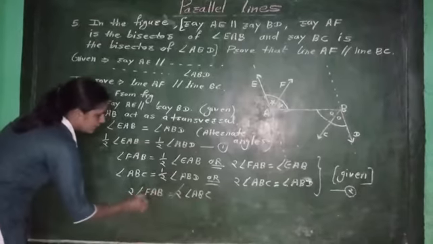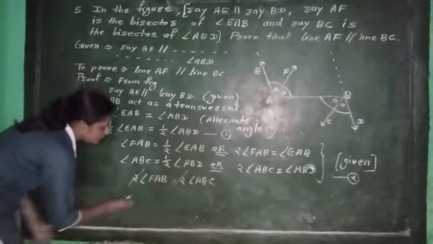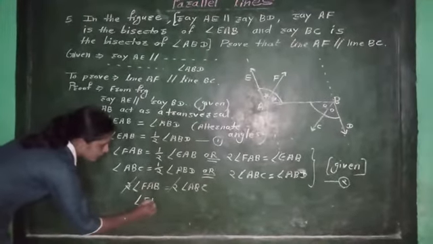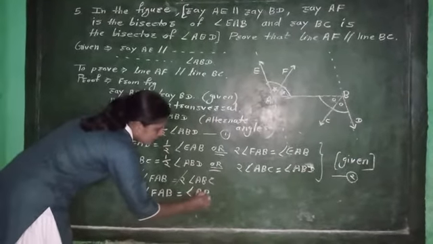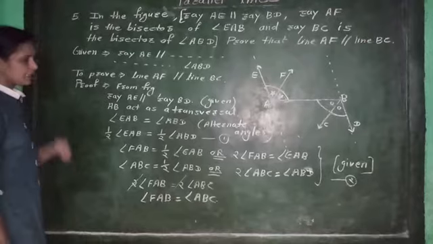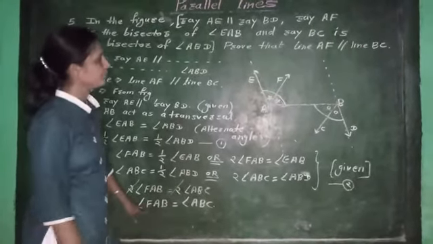Here the 2 cancels. We write angle FAB is equal to angle ABC.